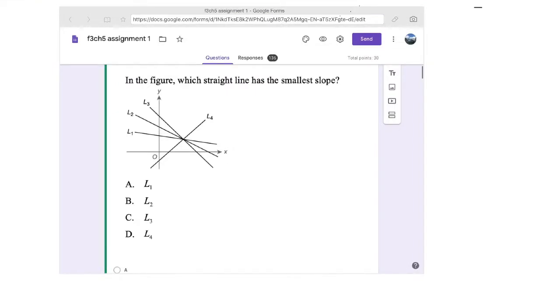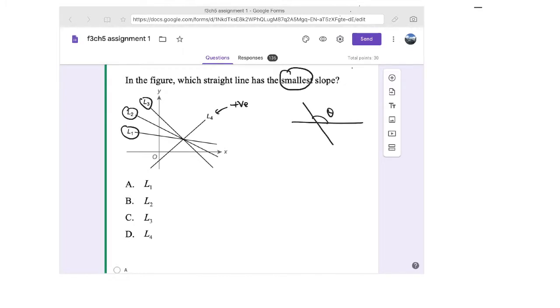This question is a little bit tricky. If you want to find the smallest slope, basically this one will be largest because this is positive, but for these three, which one will be smallest? Actually that should be read from this definition. If you check this one and this one, when they have a larger angle, the value actually will be more and more negative. Is it clear?